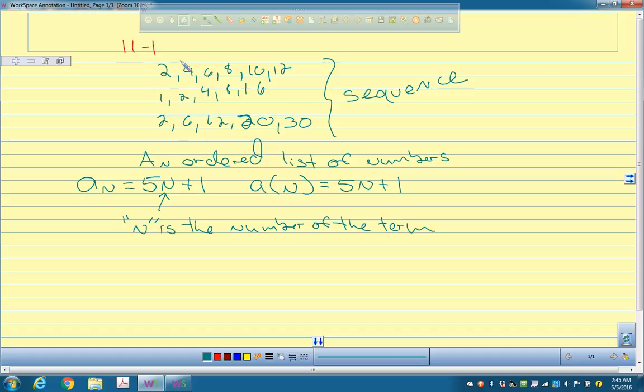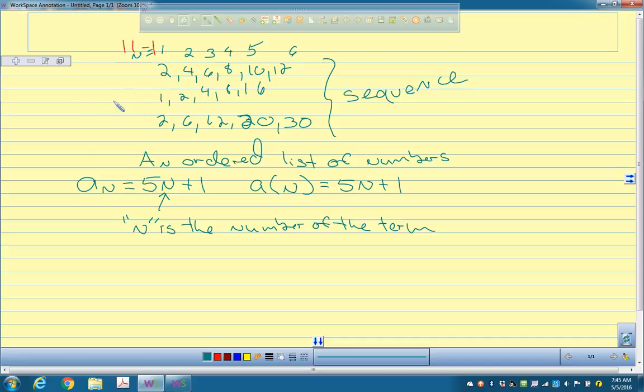So for instance, up here, the first term is 2, the second term is 4, the third term is 6, and so on. So n is the number of the term. So n equals 1, n equals 2.